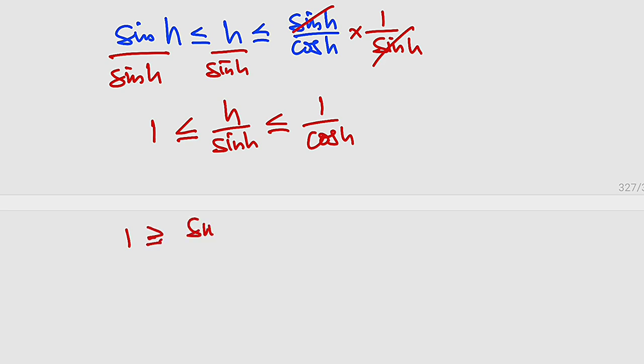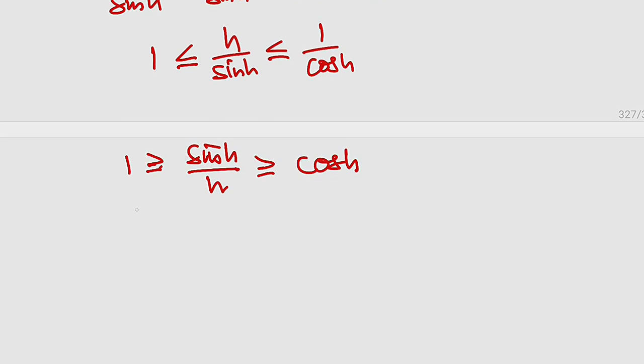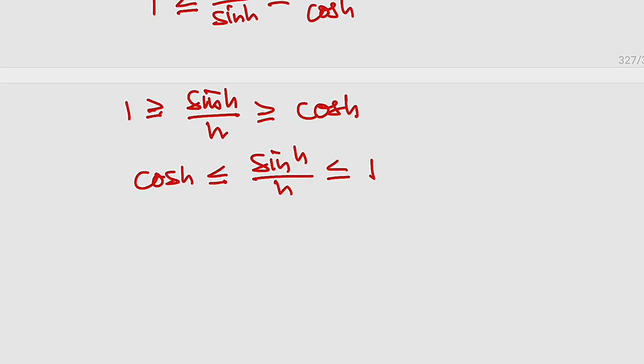So we have sine h divided by h greater or equal to cosine h. So we can reflect the inequality by writing this one before this. So we have cos h less than or equal to sine h divided by h less than or equal to 1. So from here we can take the limit of every single term.